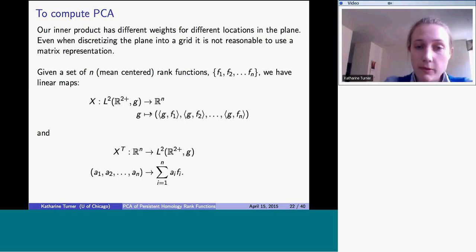So X goes from a very large space to a nice happy finite dimensional space, and X transpose goes from a nice finite dimensional space to a large infinite dimensional function space.